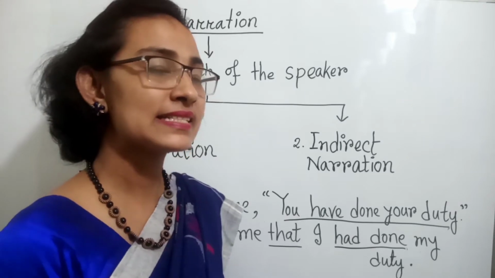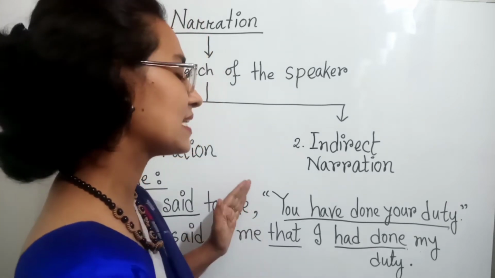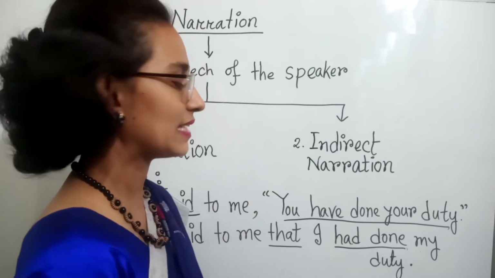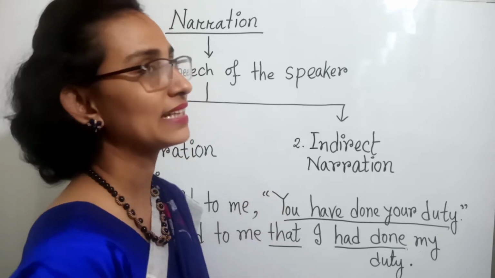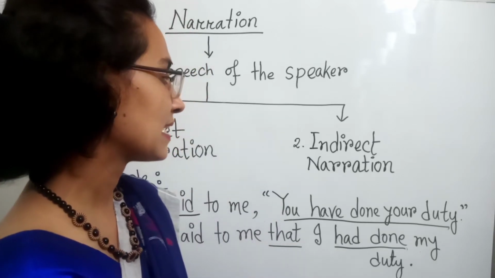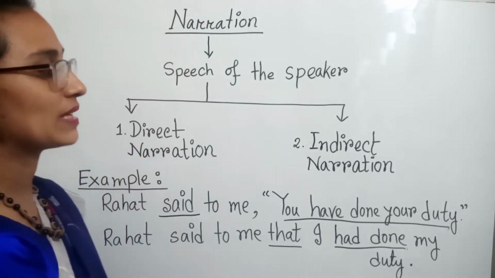Here the tense is past perfect tense. So if you want to change direct to indirect, you have to remember that you need change subject and the tense of the verb. So my dear students, now you can understand what is direct and what is indirect speech.